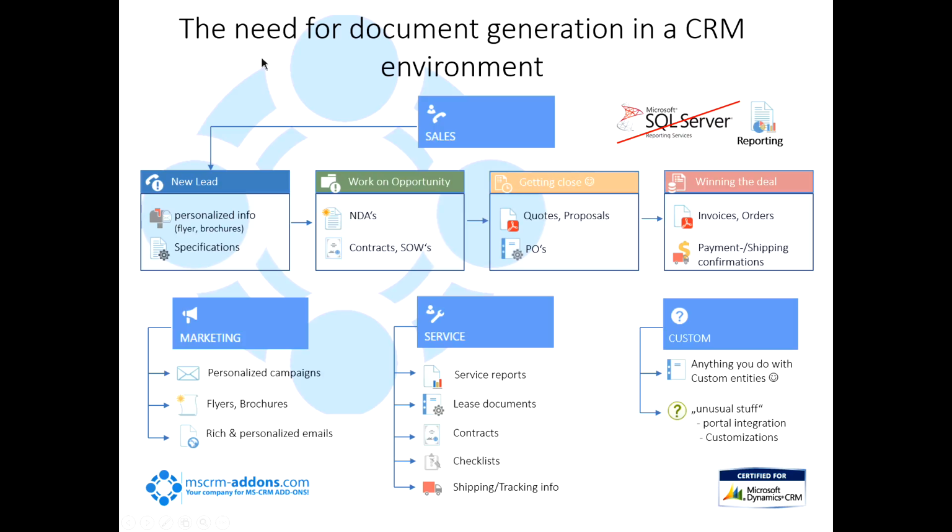One of the things that we all know is that we have a need for document generation in a CRM environment. These are a few examples of things that we've seen our customers use, and several different possibilities, such as the sales process, going through the whole lead to close process. For example, if I get a new lead in there, I want to send them a personalized email with some flyers and brochures maybe attached.